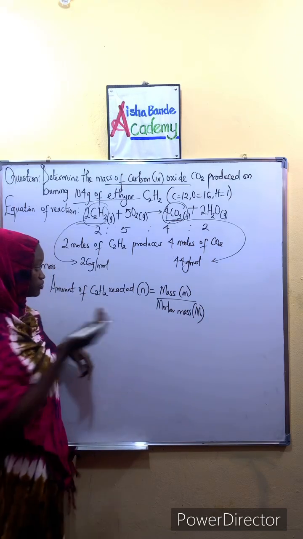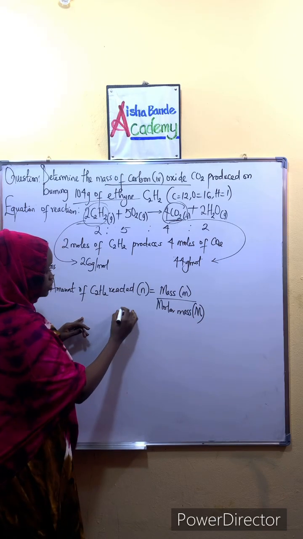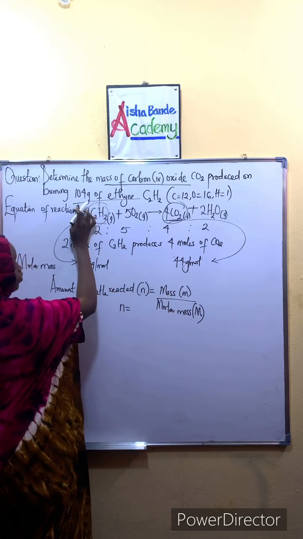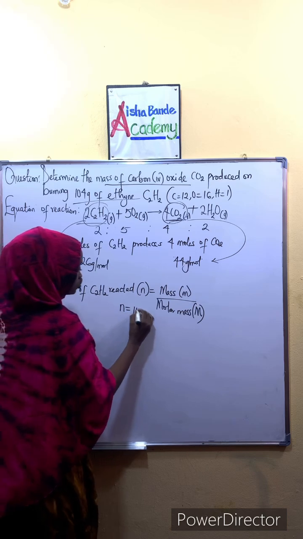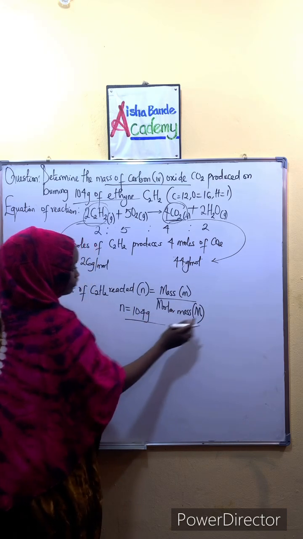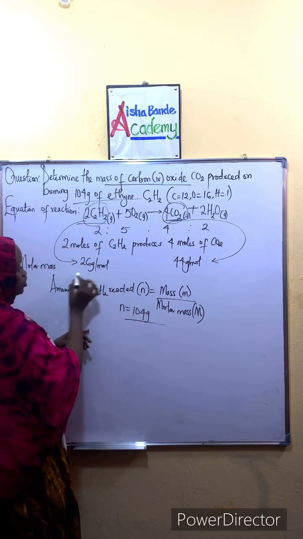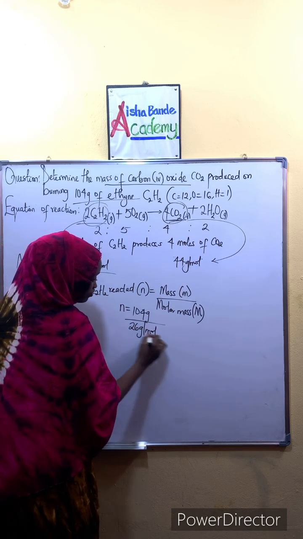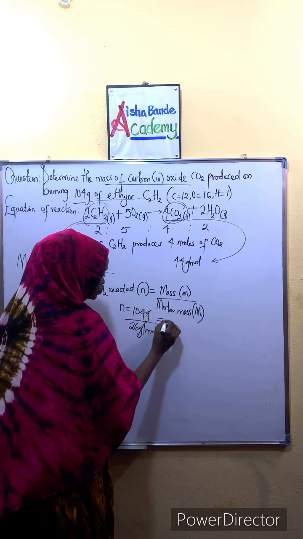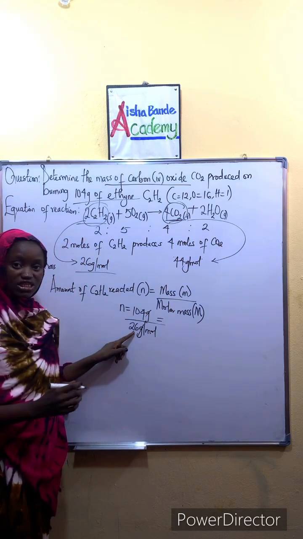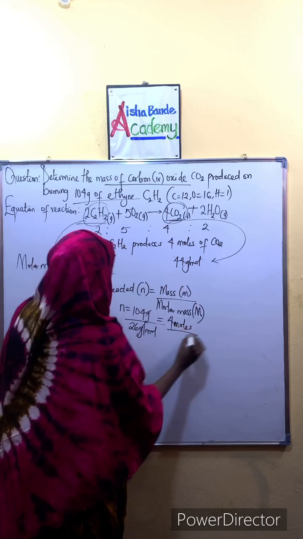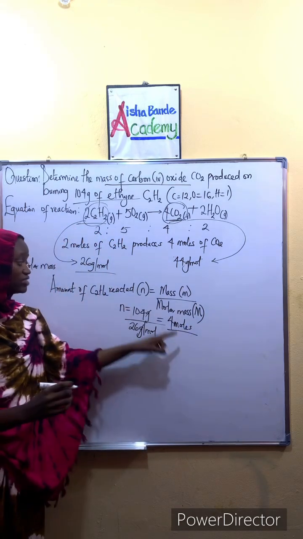You can watch my previous videos for better understanding. So n equals the mass given in the question, 104 grams of ethyne, over the molar mass we calculated, 26 grams per mole. Grams cancel grams, we are left with 104 divided by 26, which gives us 4 moles. So the amount of C2H2 reacted is 4 moles.